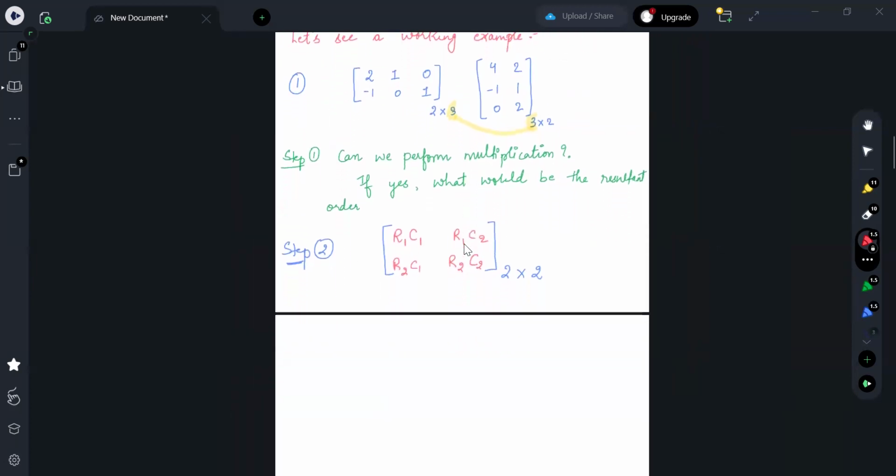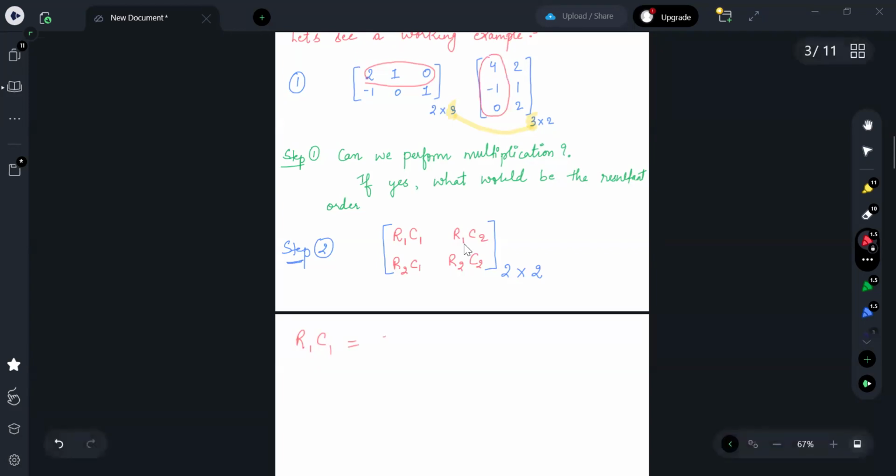Let me just reduce the screen size here so I can see the entries. So when I say row 1, column 1, this is how you calculate it. You're taking row 1 of the first matrix and multiplying each entry with the corresponding entry in column 1 of the second matrix. So I take this row and this column and I multiply entry-wise.